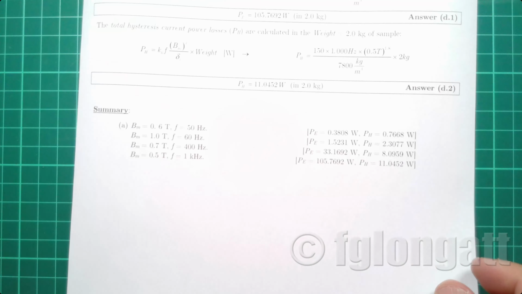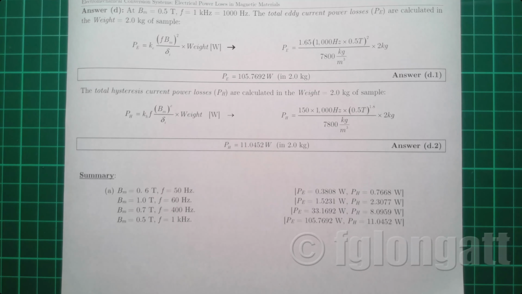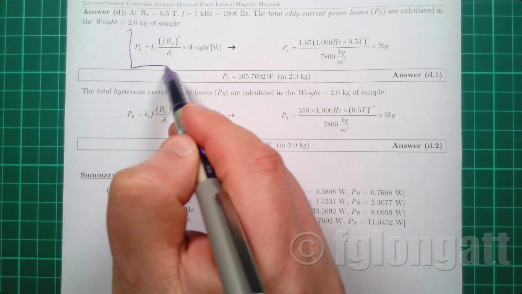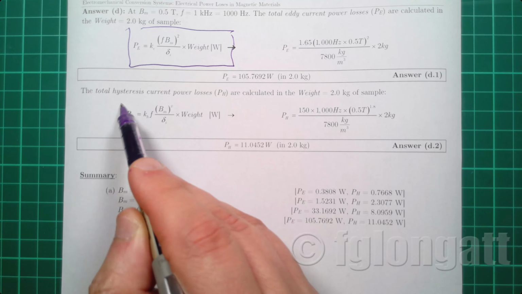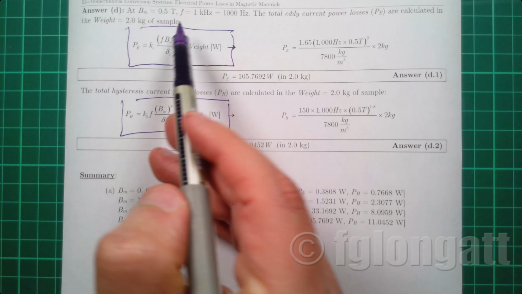However, the final question, and probably the summary and the closing of this example, is quite interesting. And the reason is that now we are planning to answer question D, and in this case, the frequency is 1 kilohertz.